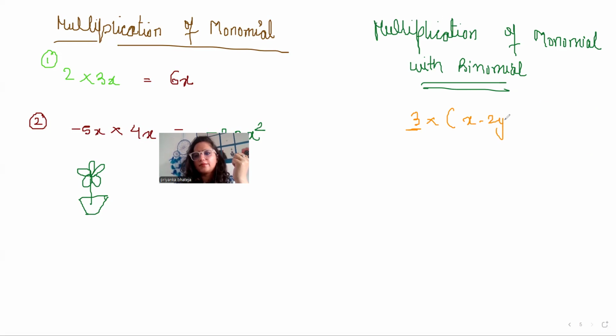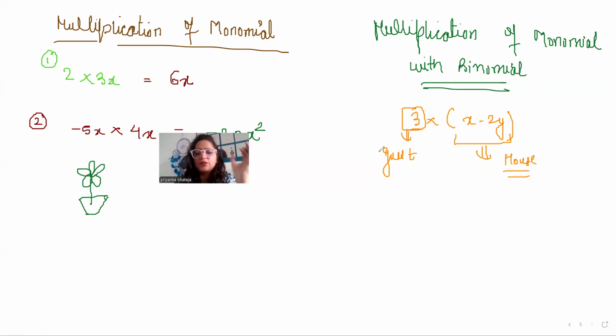x minus 2y. Just consider that these are the people of your house and these are some guests. When guests come to our home, they will greet and meet with everyone, right?